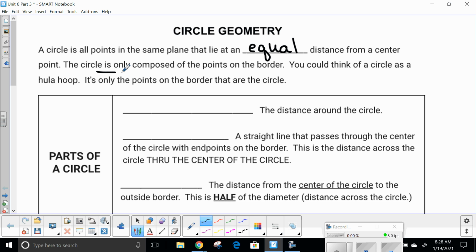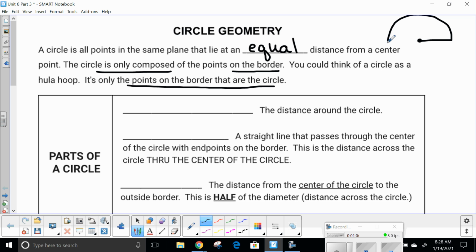The circle is only composed of the points that would be on the border. You could think of a circle as a hula hoop. It's only the points on the border that are the circle. So for instance, let's say I had a string and I tacked it to the desk, and I had a pencil attached to it and I stretched it out as far as I could.